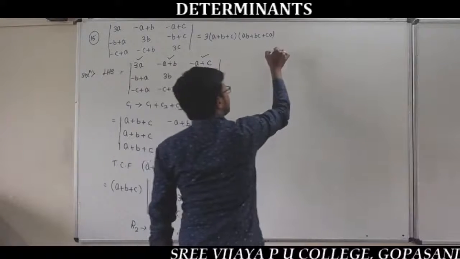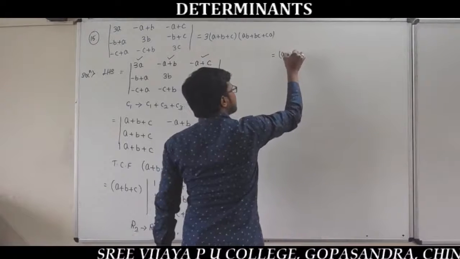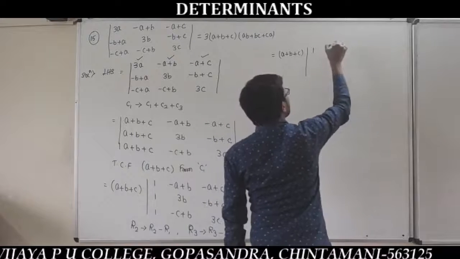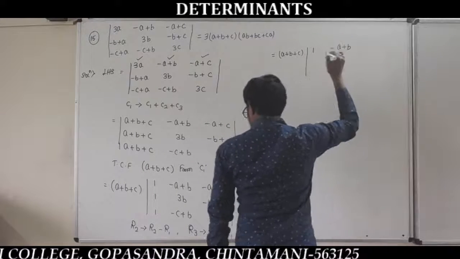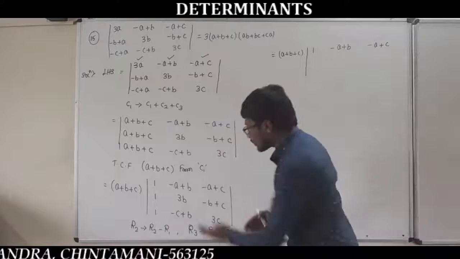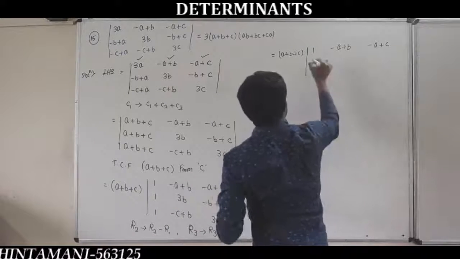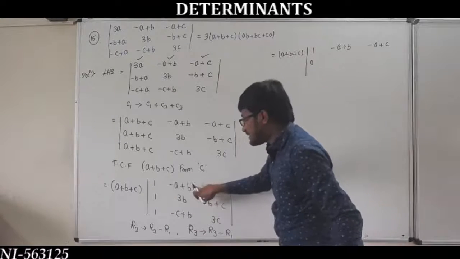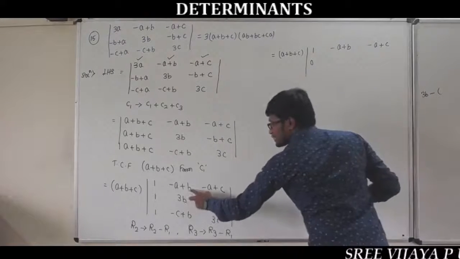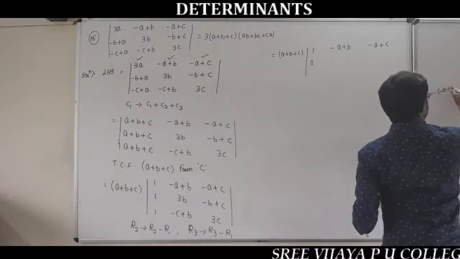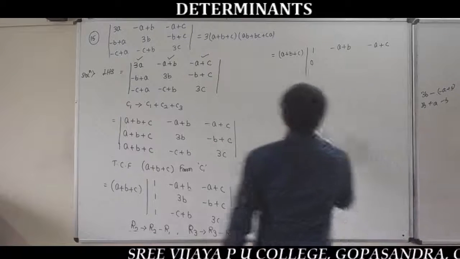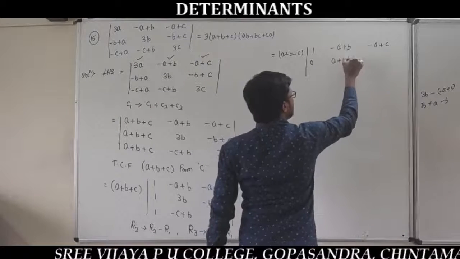So that equals a plus b plus c times the determinant. R1 is as it is: 1, minus a plus b, minus a plus c. R2 is R2 minus R1. So 1 minus 1 is 0. Now 3b minus minus a plus b: 3b plus a minus b, 3b minus b is 2b, plus a, so a plus 2b or 2b plus a, both are the same.